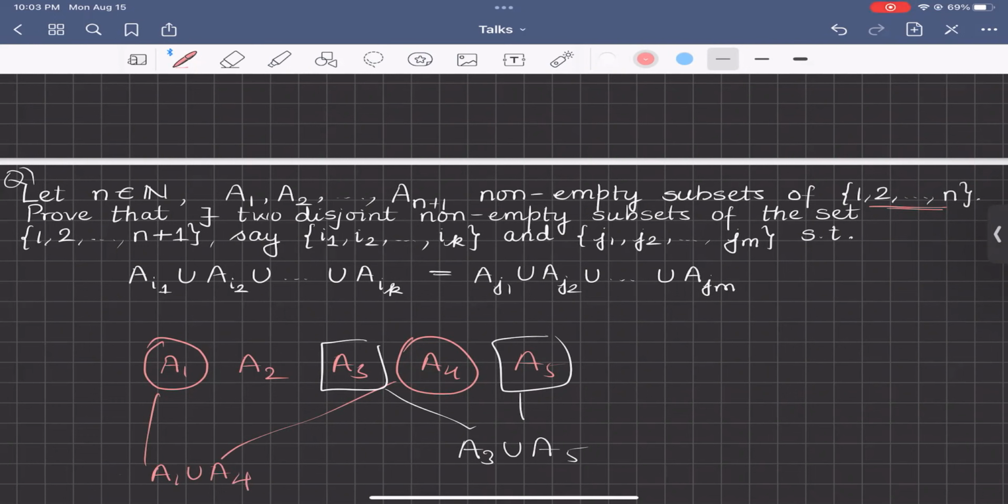So we want to circle some of these sets and square some of these sets such that no set is both squared and circled, with at least one circle and at least one square, and the union of the squared sets is the union of the circled sets. That's what it's trying to say.